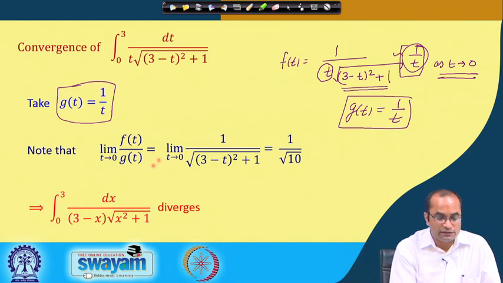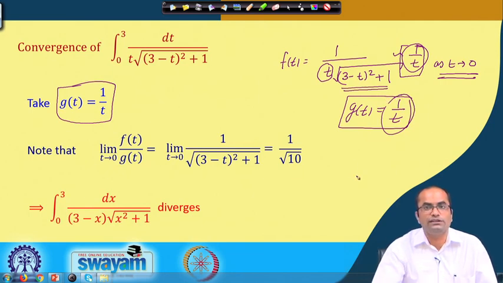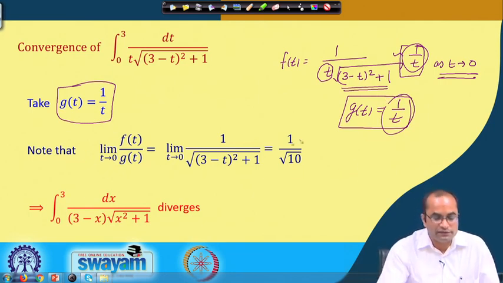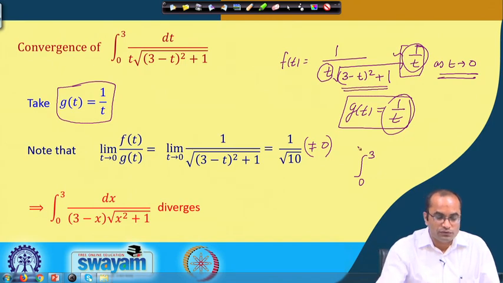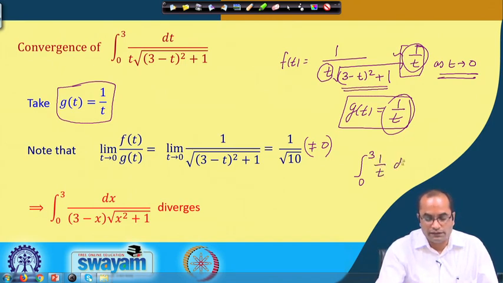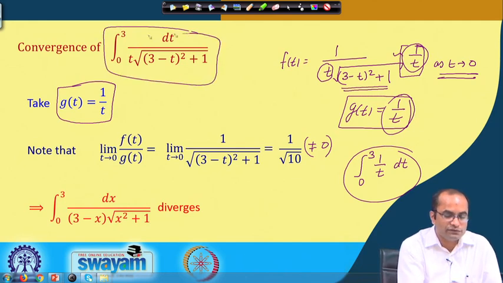because we are comparing with the integral of g(t), and this test says that when the limit is a non-zero number, both integrals behave alike: the integral from 0 to 3 of 1 over t dt, and the integral we are testing for convergence, which was originally in the form of x given by this function.